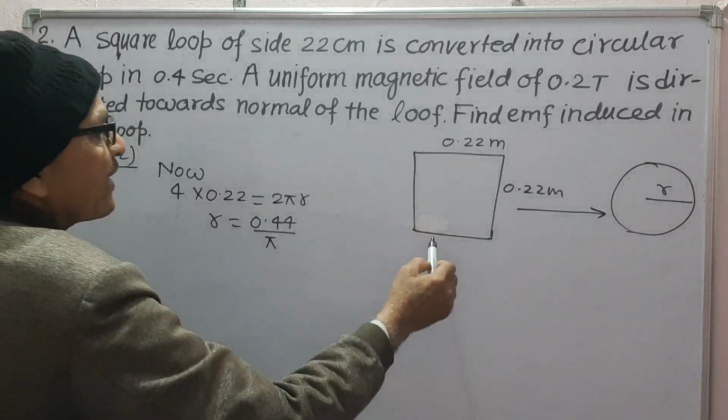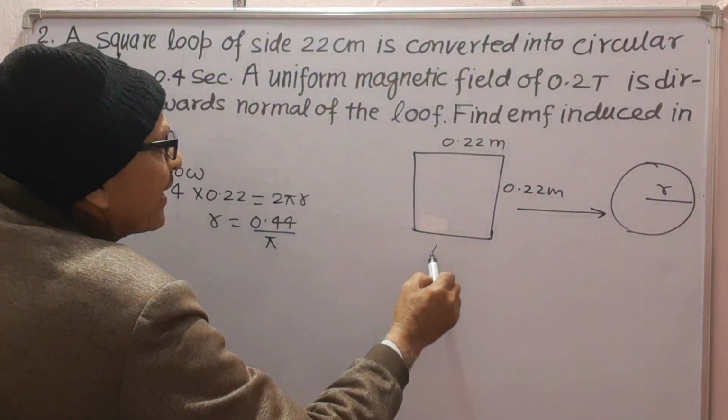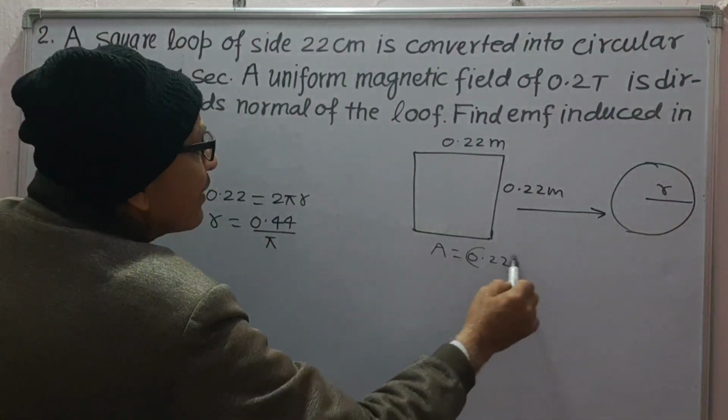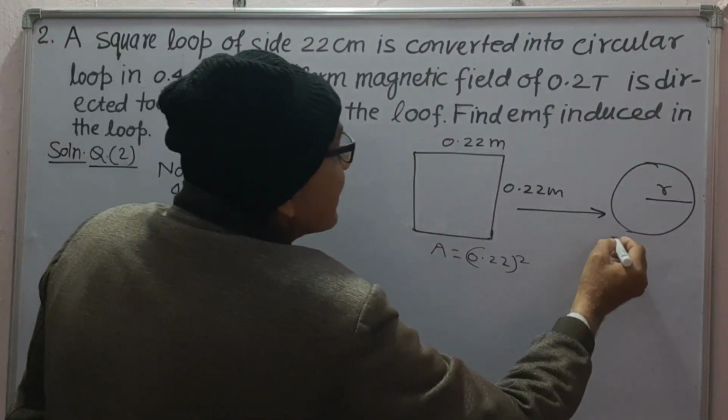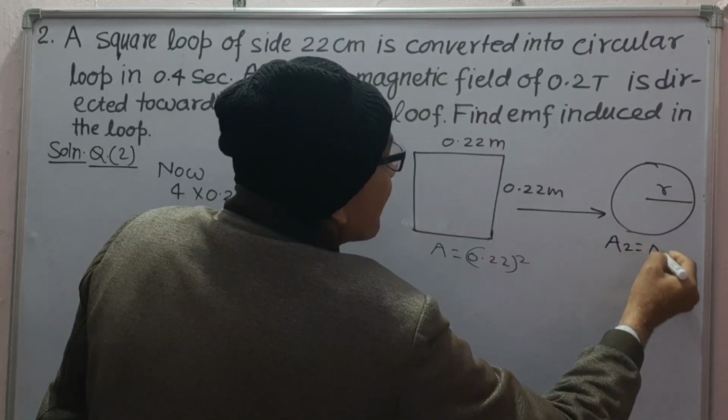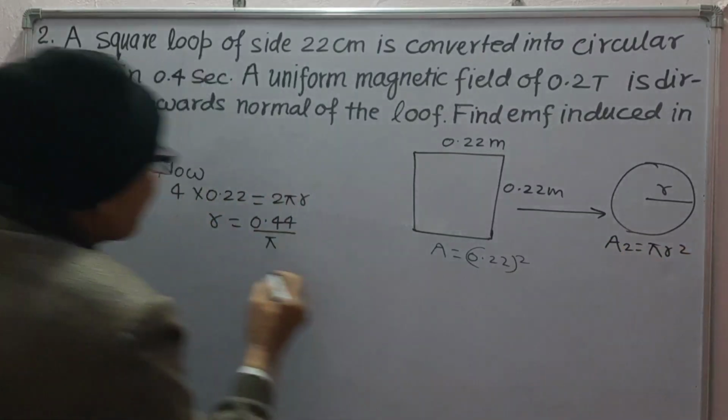Now area of square loop A1 will be equal to 0.22 square and area of circular loop A2 is equal to pi r square.